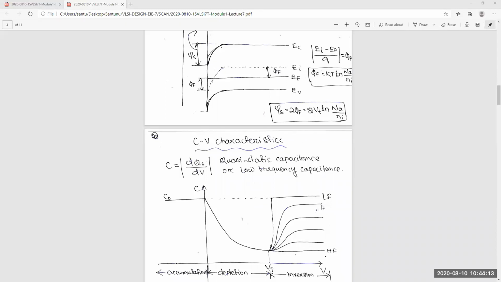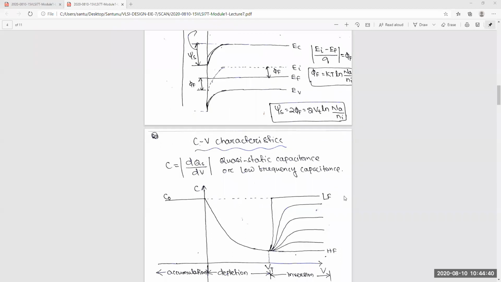Sir, as capacitor is equal to charge by voltage. See, I'm giving you a hint here. This low frequency and high frequency, the boundary condition we understood. At low frequency, after inversion, this is the threshold voltage. The capacitor comes after the inversion region.